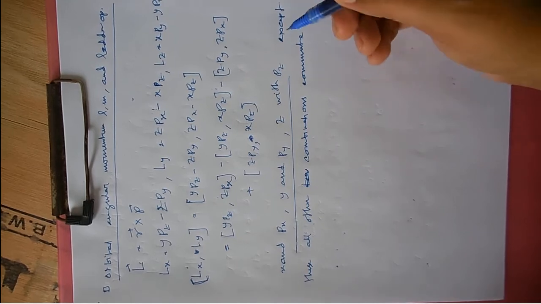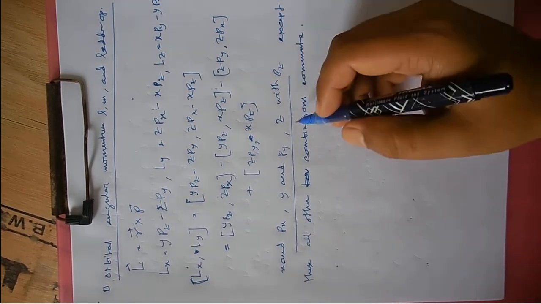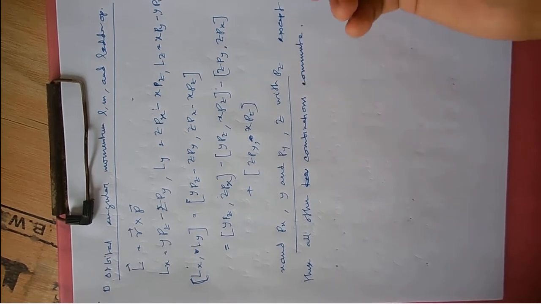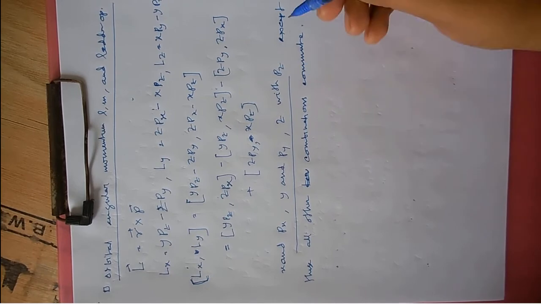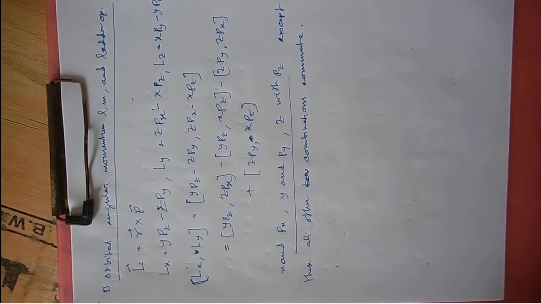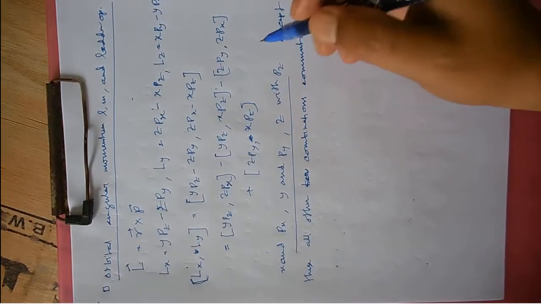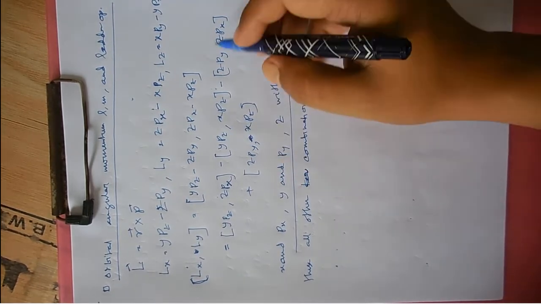That means if you want the commutation relation of, suppose, py and pz, it will give 0. Only z with pz and these two combinations will not give a 0 value. From this conclusion, look at the second and third terms.